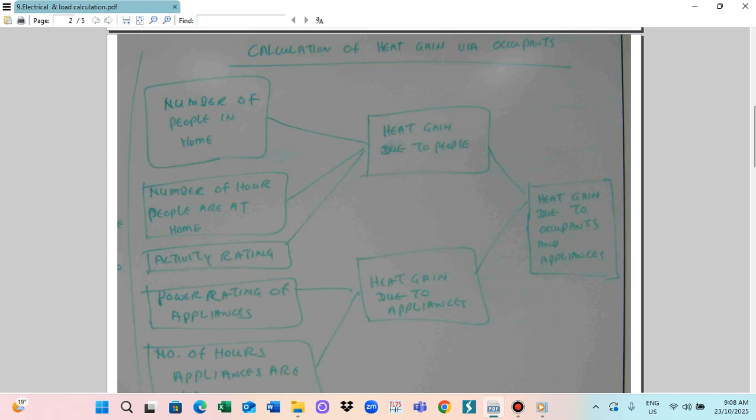Activity rating means that some people are sitting down, some people are walking. Depending on the kind of work they do, their heat production will be different. So we require this information to calculate the heat gain by people.